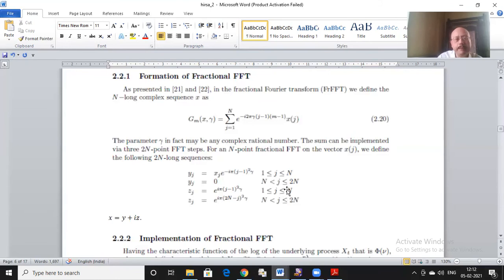From 1 to n, it is increasing with j, and then it goes down again because it is 2n minus j. And finally, x will be y plus iz. So I need two separate sequences because I want to generate the real part and the imaginary part.